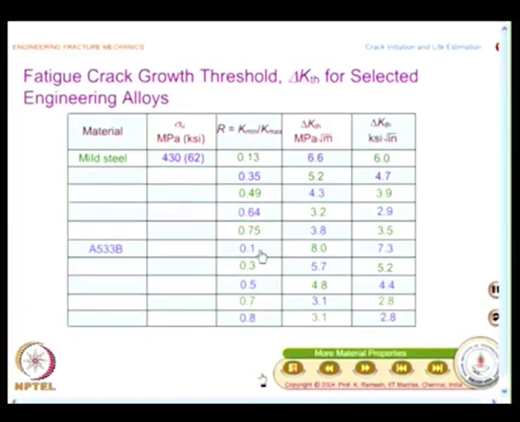That means, if the mean stress is increased, the delta k threshold comes down. So, the crack would initiate earlier than what it would occur when R equal to 0. You see the same situation in the other material also. When R is changed from 0.1 to 0.8, the delta k threshold changes from 8 MPa root meter to 3.1.